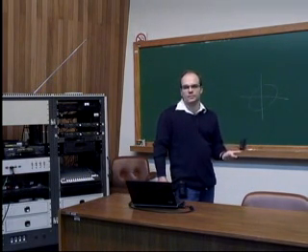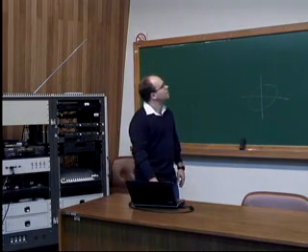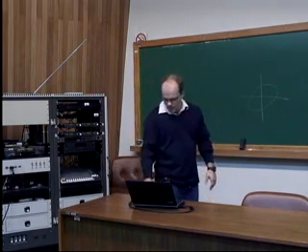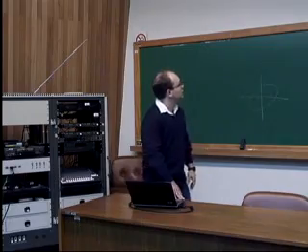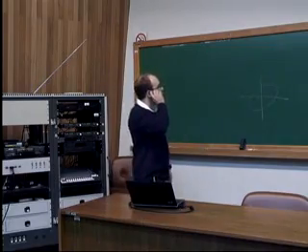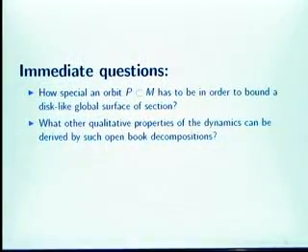They give no hint. Another question is, what other qualitative properties of the dynamics can be derived from such open book decompositions? That question is still not completely answered. There's not even a closed question, but there's work to be done here.